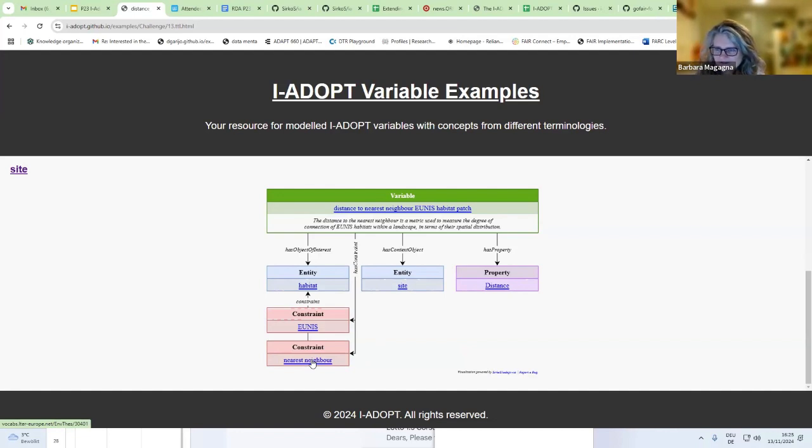You cannot use habitat as the embedding or the site as the embedding. You are asking what's the nearest one. So it must be something else. It can be the context object, the site. What we are looking at is the distance of the habitat from the site, but I'm not sure how to represent this. So it's something to maybe work on with the people who are using those variables and see how it could best be modeled. But in general, we need to know how to describe distance variables. And Circo might want to say something about it.